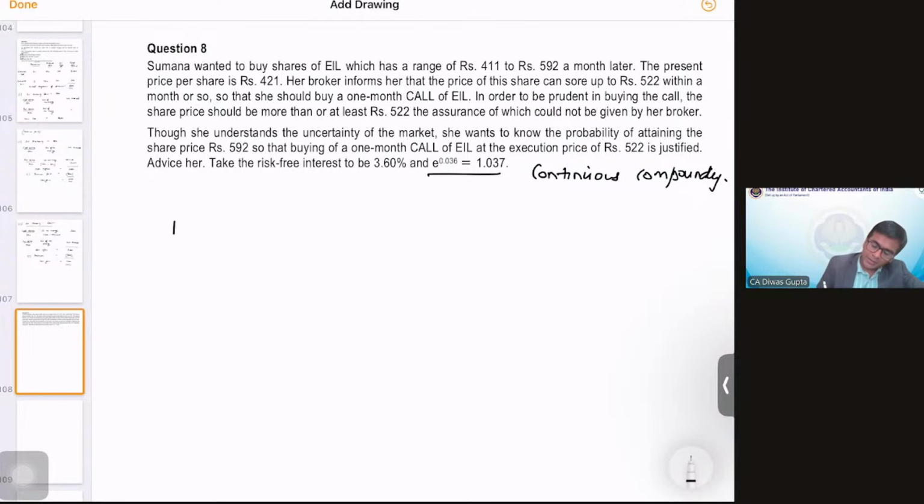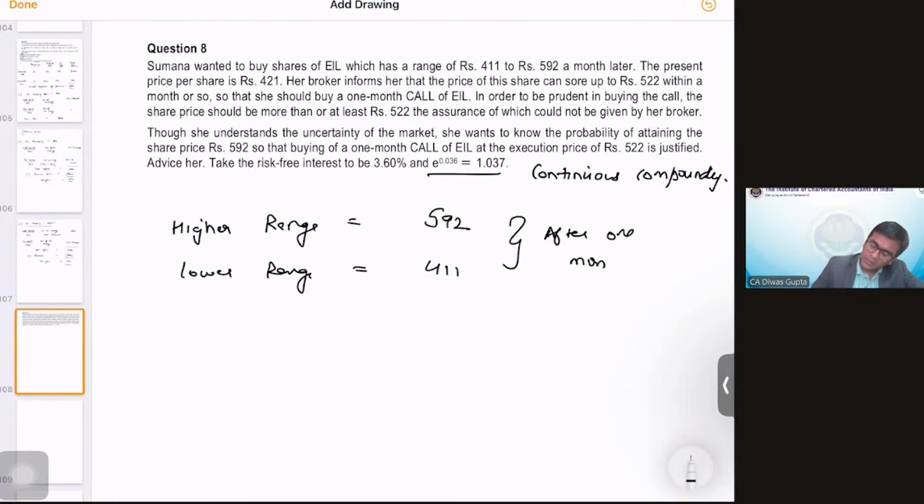Higher range 592, lower range 411. This is both happening after 1 month, right? Either it will go up to 592 or it will come down to 411. Spot price is equal to 421.